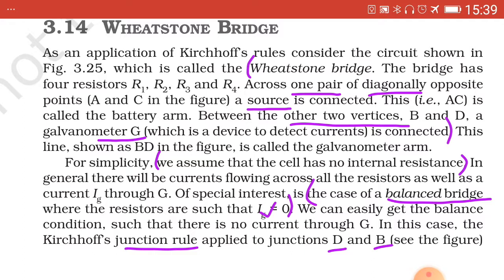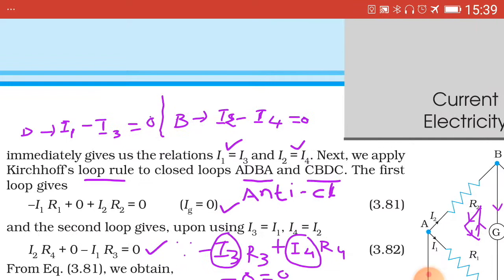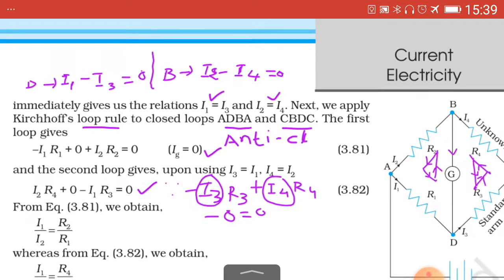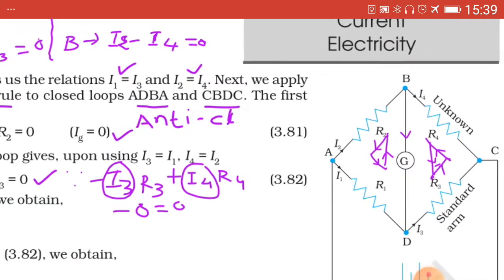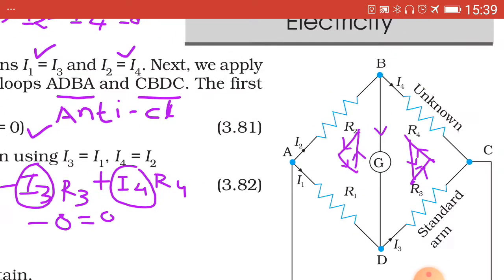First we apply it at point D. The currents at point D are I1 and I3.